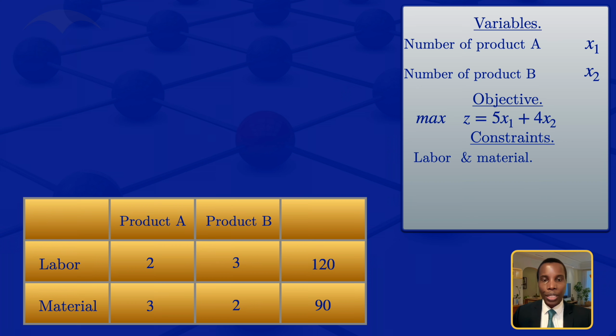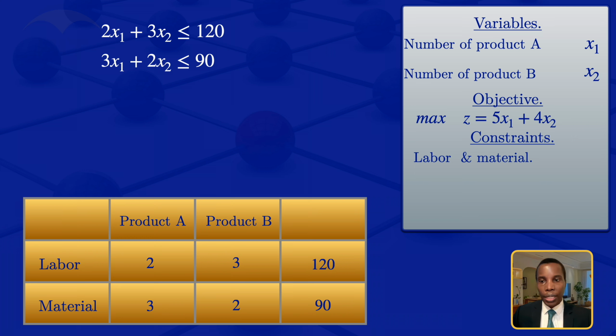So we'll say 2x1 plus 3x2 is less than or equal to 120. Then when we look at the row where we have the material, product A is x1 and product B is x2. So when you say 3x1 plus 2x2, it should not exceed 90. So our constraint there is 3x1 plus 2x2 is less than or equal to 90.